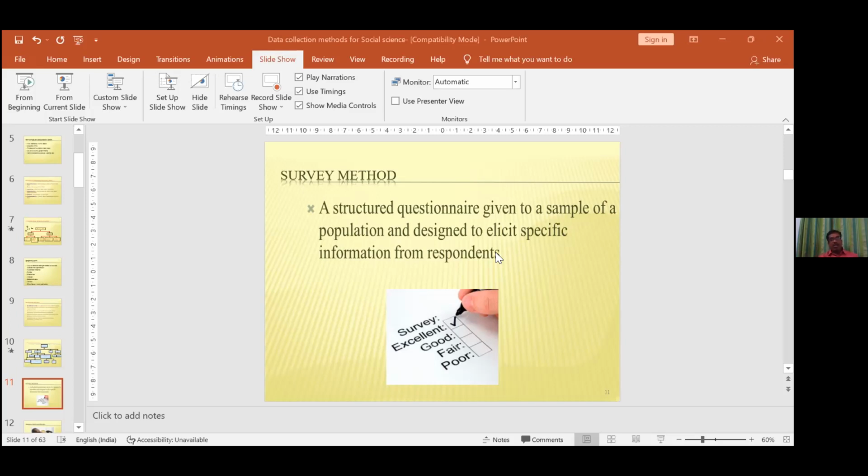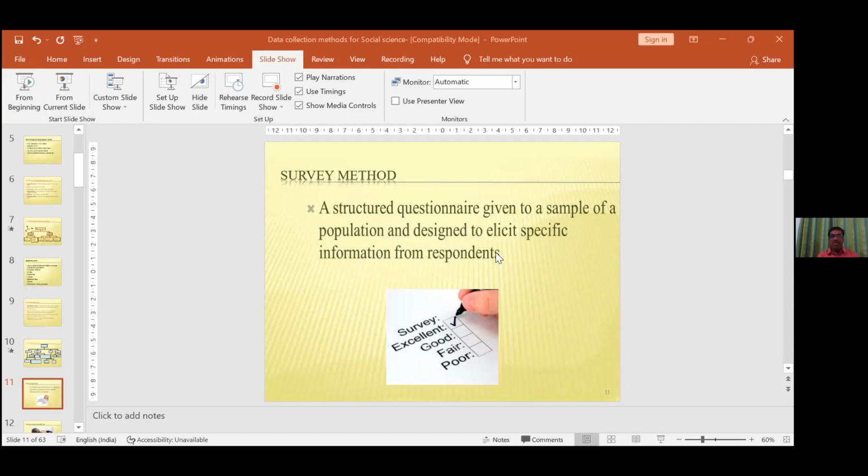A questionnaire consists of three important components. The first part talks about the demographic profile of the respondent. The second part talks about the independent variables. The third part talks about the dependent variables.